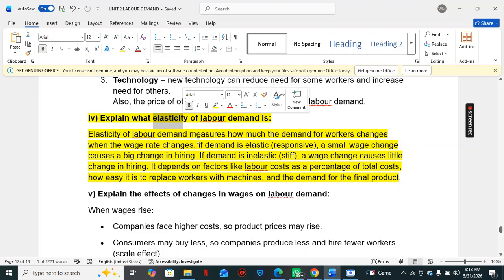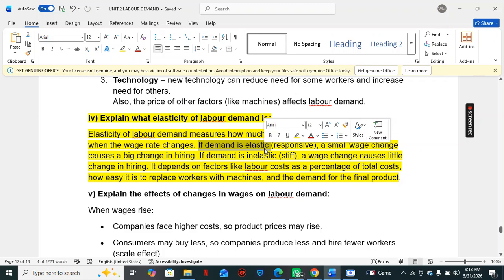If demand is elastic, meaning it's very responsive, very sensitive, it means if the wage rate increases even by one kwacha, the firms are going to demand fewer workers and they will lay off workers. That's if labor demand is elastic, sensitive to changes in the wage.